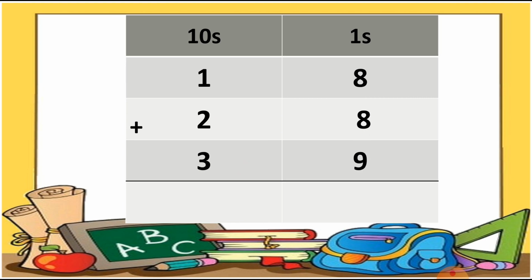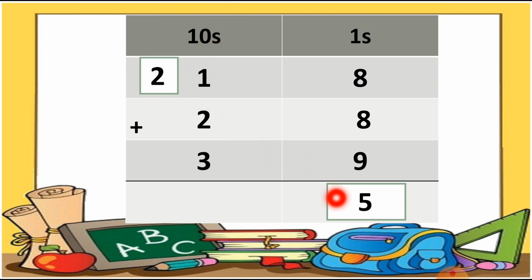Now the next one, the ones column is 8 plus 8 plus 9. So here our answer is 25. So in this 25, number 5 is at the ones place, so we can write this 5 under the ones column, and number 2 will move as a carry forwarded number to the tens column.